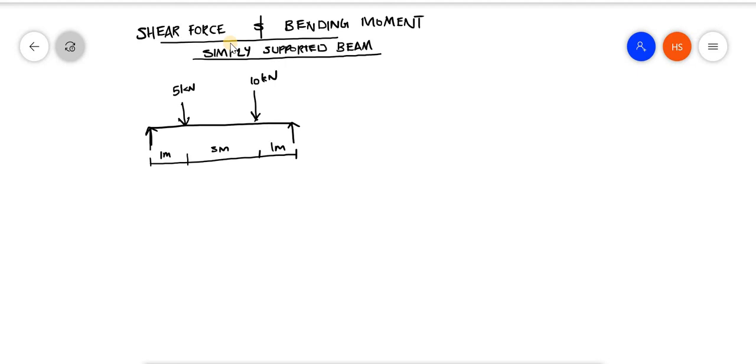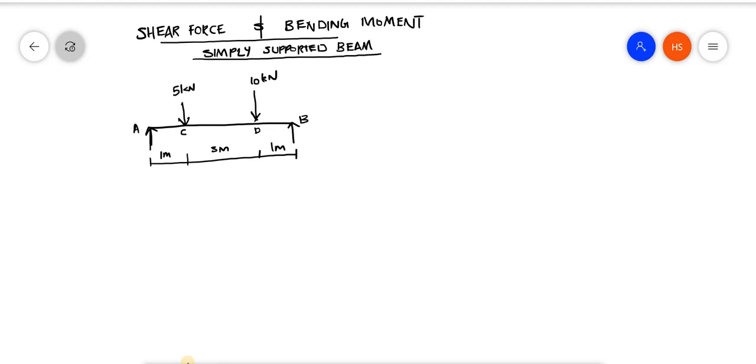First of all I am marking the reactions as RA and RB, and the points as A, B, C, D. Sometimes these will be given. The first thing is that you have to find all the forces acting on the beam. Here we have two vertical forces, 5 kilonewton and 10 kilonewton.